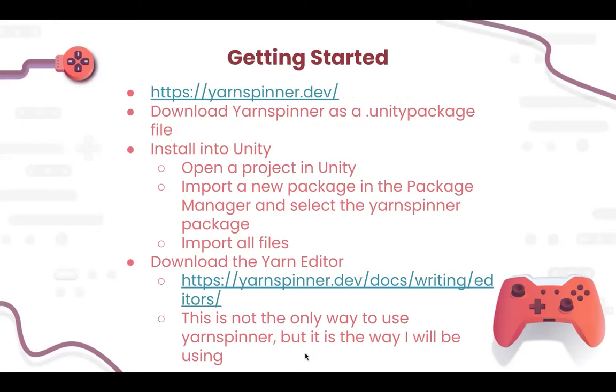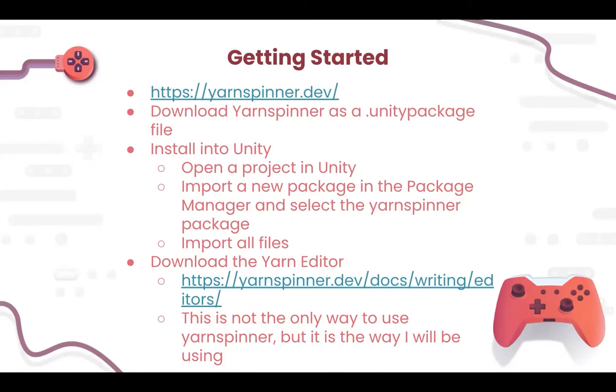So while we get started, I'll eventually move into Unity, but if you haven't yet and you want to follow along, please download Yarn Spinner as a .unitypackage file from the link above, and install it into Unity. If you don't know how to do that, and you're new with Unity, open a project in Unity, just right click anywhere in the assets folder and click import new package.